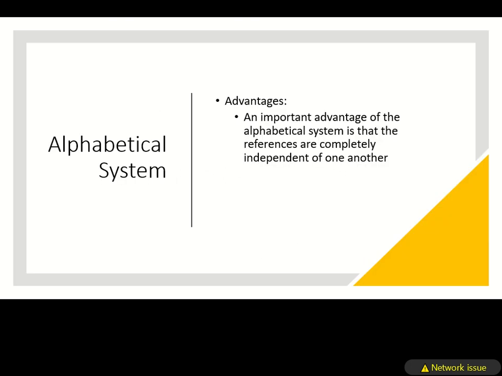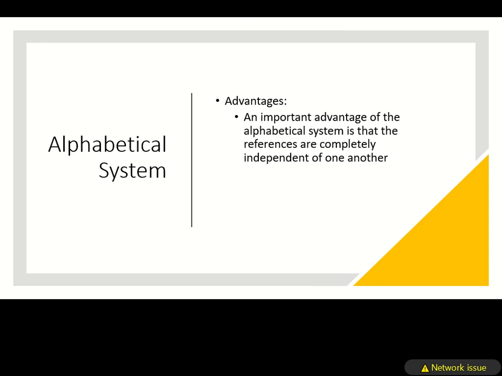So what are the advantages of using the alphabetical system? An important advantage is the references are completely independent of one another. So I wrote something in the first chapter, then I later thought that no, it should go in the third chapter. When I write the references with numbers, number 1 means the first reference, right?